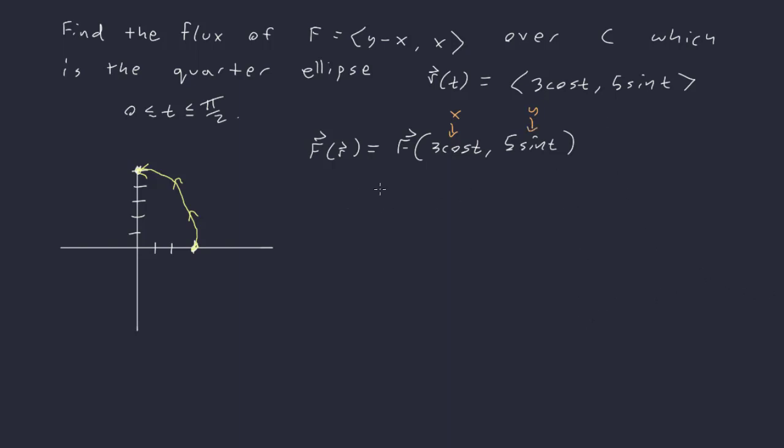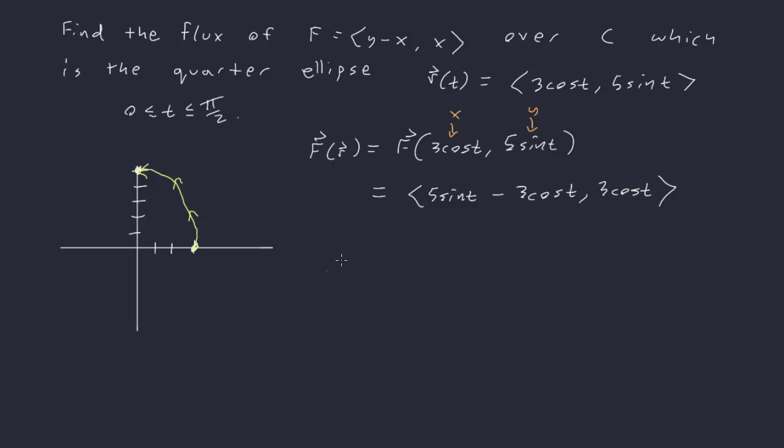So we'll get the vector 5 sine t minus 3 cosine t, comma, then x, which is 3 cosine t. This probably isn't going to be that friendly, but we'll get there.